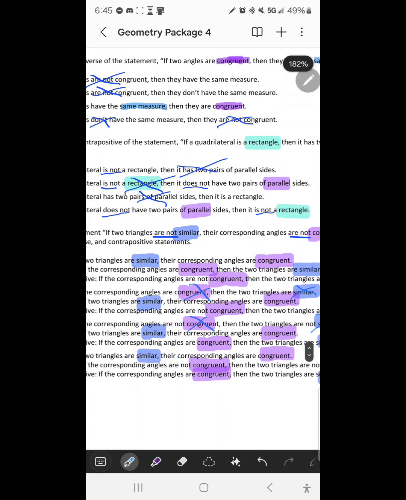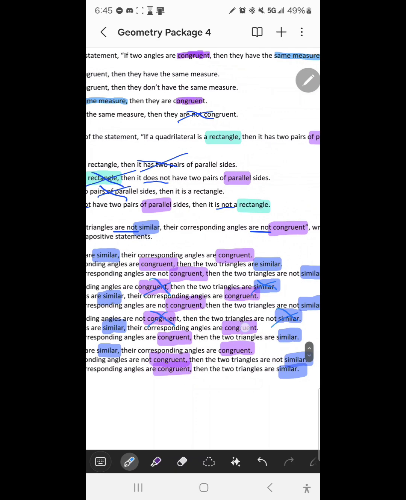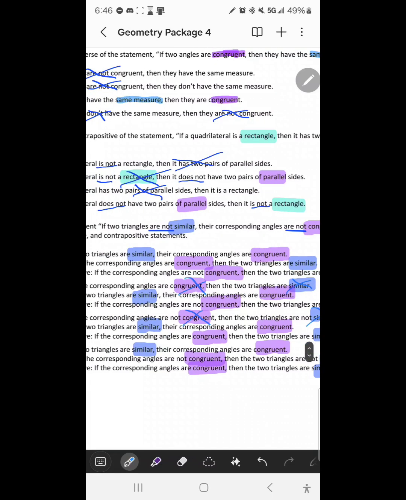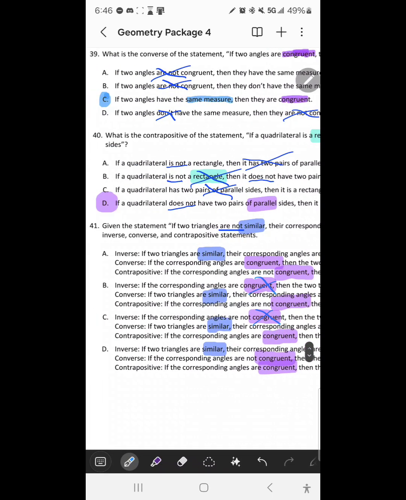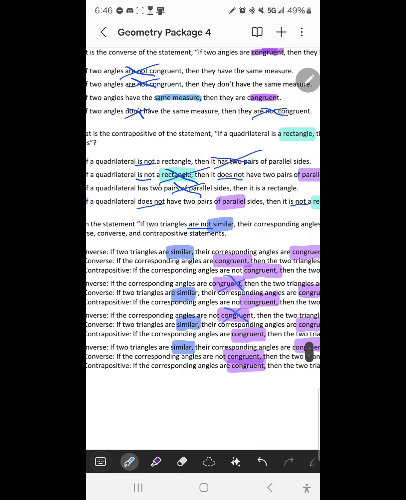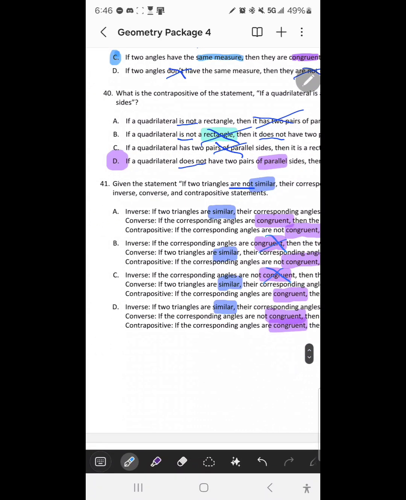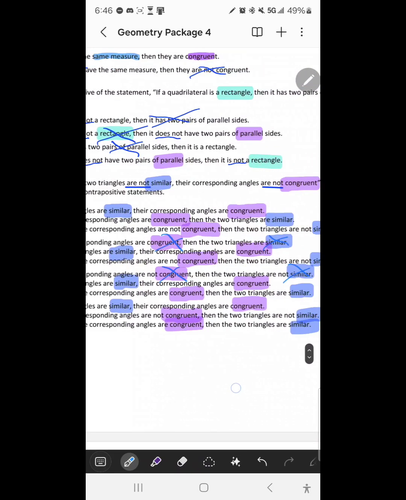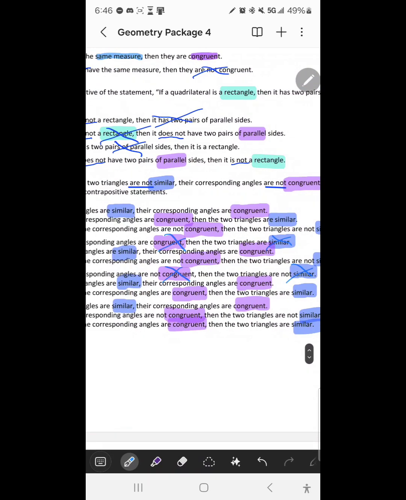So the inverse should be: if two triangles are similar, their corresponding angles are congruent. We take out the not because we are denying. Perfect. The inverse is correct in both cases.